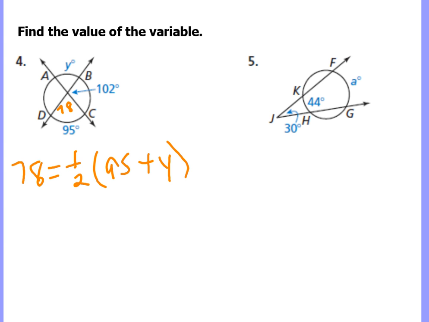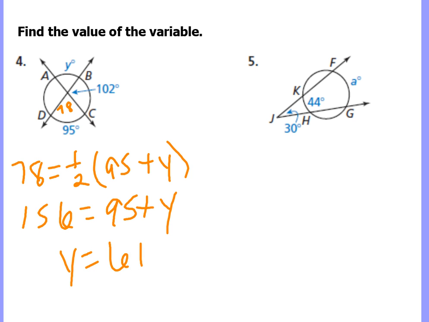Okay, so I used my fact of my linear pair to realize that we ended up having really an angle that looked like it was missing, but it really wasn't in the end. So now it's just kind of a basic distribution, or you can multiply by 2 on both sides. It's kind of up to you. For me personally, I'm going to multiply by 2 on both sides just to go ahead and get rid of that 1/2. I get 156 equals 95 plus Y, and then when I subtract 95 on both sides, Y of course is going to be 61 degrees in the end.